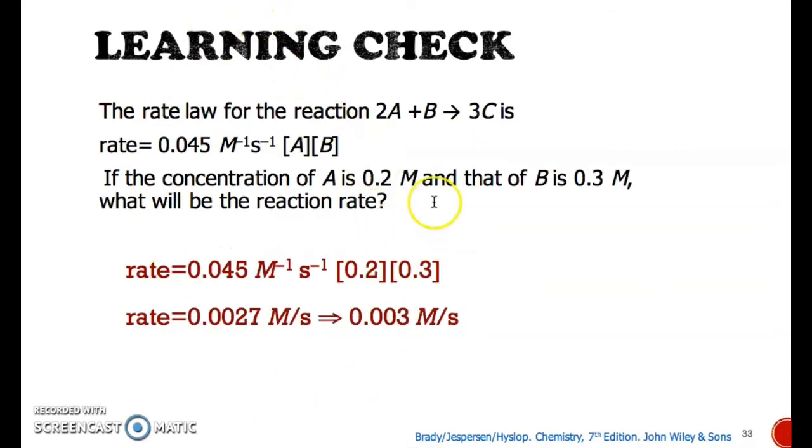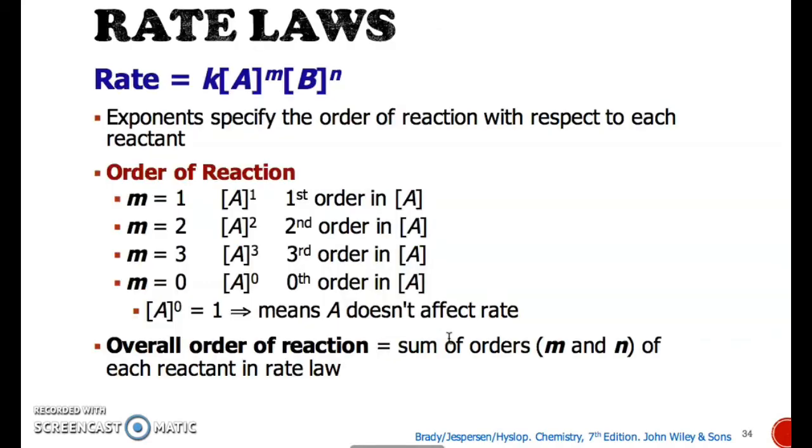Look at the rate law for the reaction 2A plus B produces 3C. A is 0.2 molar and B is 0.3 molar. We use this formula and then you get a rate of 0.003 molar per second.